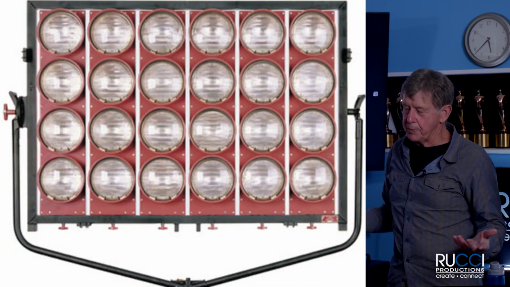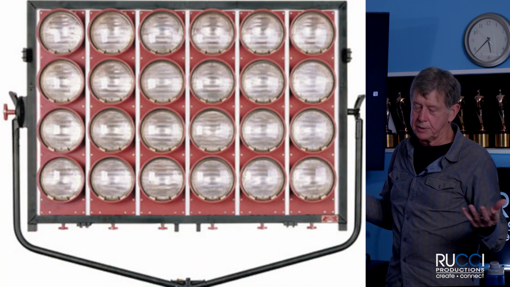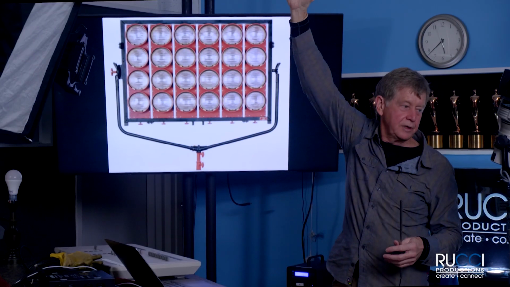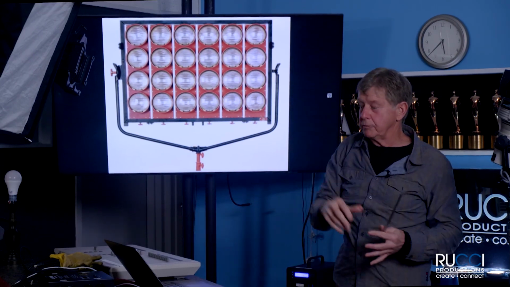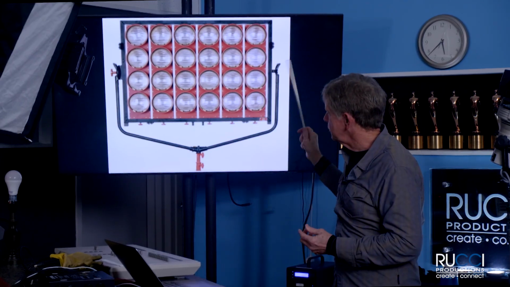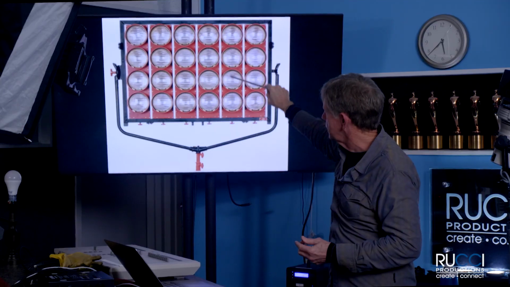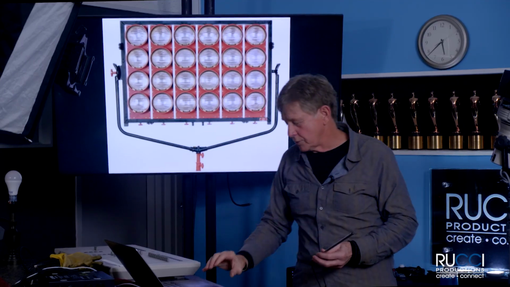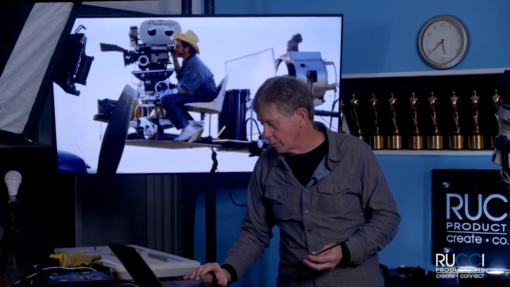And for a big nighttime shoot, they possibly would have 2 or 3 of these on a big crane, 50, 60 feet up in the air, shining down for one side, and then maybe something on another side. So the advantage of these, you can turn each of these lights off individually, and you can dim it. So there's a lot of control with it, and they throw the light a long ways.